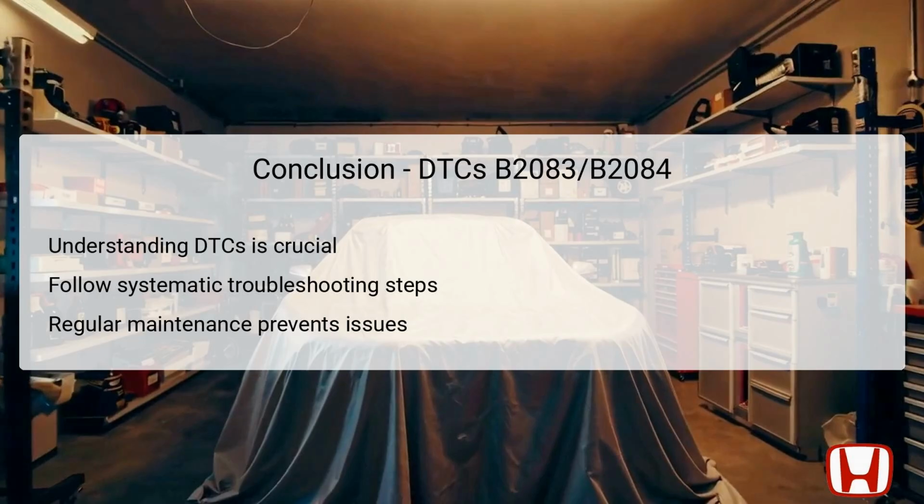Additionally, recognizing the importance of preventive maintenance reinforces the likelihood of avoiding similar problems in the future. By putting into practice these troubleshooting measures and maintenance strategies, technicians and vehicle owners can foster a smoother and more efficient operation of the power sliding doors, enhancing both functionality and safety in the Honda Odyssey.